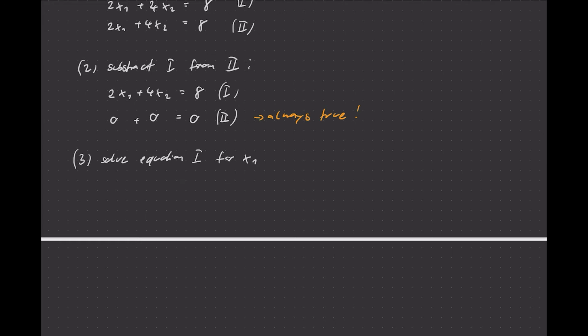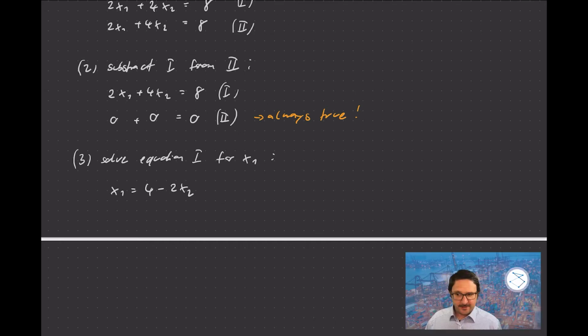And there are still two variables in there. So let's choose one. Let's choose x1, for example. We solve this for x1, and we get x1 equals 4 minus 2x2. And what that means is, for each value of x2 that we may choose, there is a corresponding value of x1, and that is determined by this equation here.